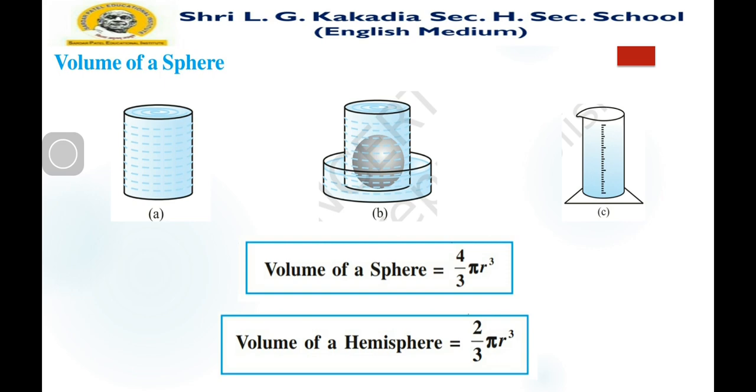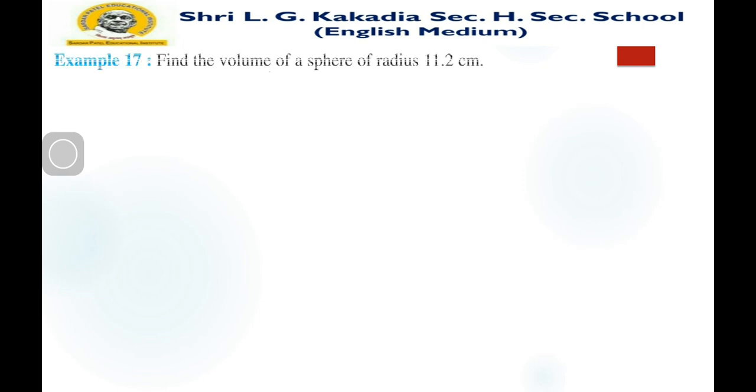Now let me take some examples to understand how to find the volume of a sphere and hemisphere. Example number 17: find the volume of a sphere of radius 11.2 centimeter.